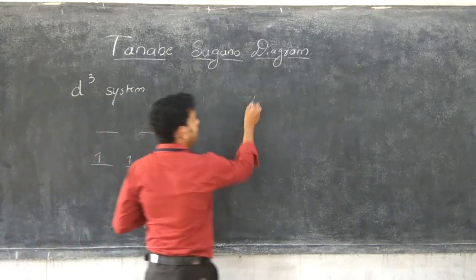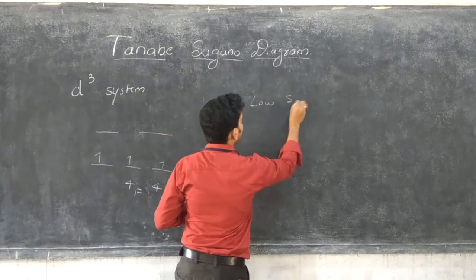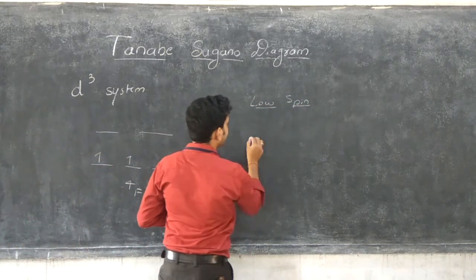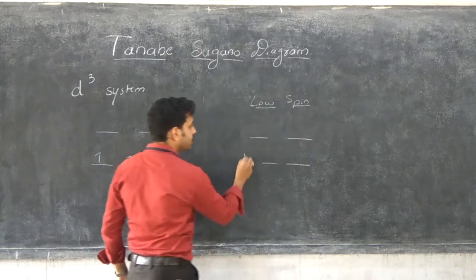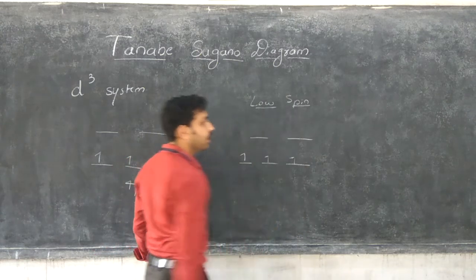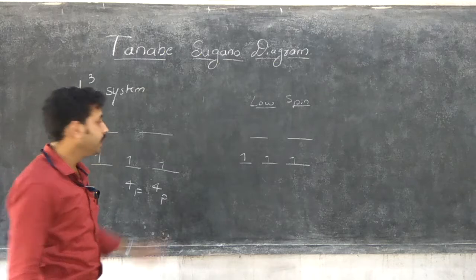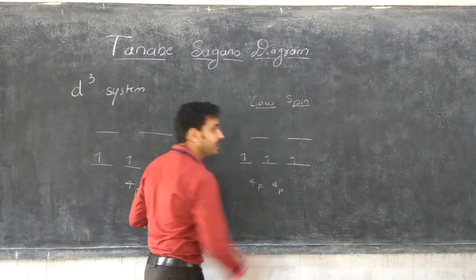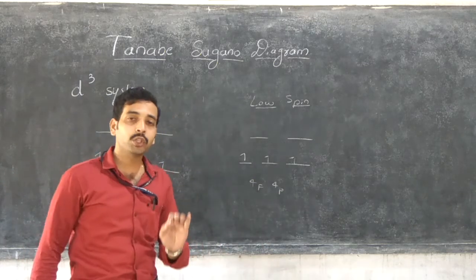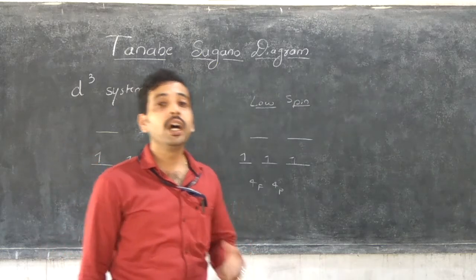And in low spin complexes, the electronic arrangement does not alter, means the 3 electrons are arranged in the lower energy level. That's why in these cases also 4F and 4P are the lowest spectroscopic terms.